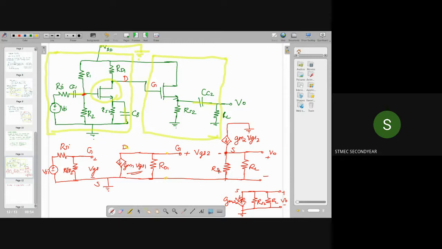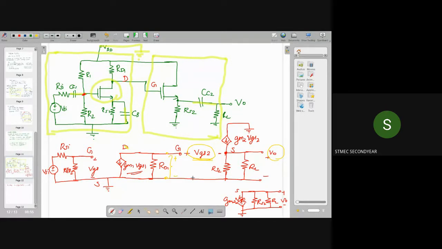You can check the voltages in this circuit. Here at the output part you have V0, the output voltage, and here you have VGS2. This is negative-positive V0, and here also it is negative-positive VGS2. So the sum of these voltages, VGS2 plus V0, should be equal to the voltage dropped across this resistor RD1, right?